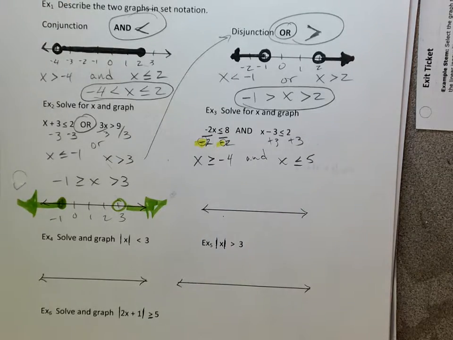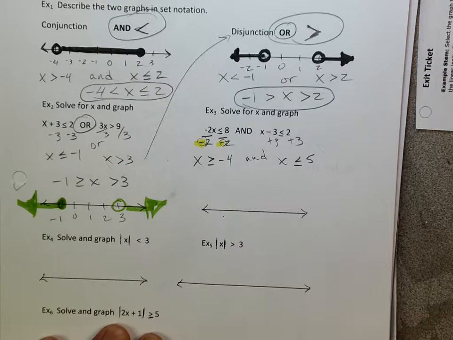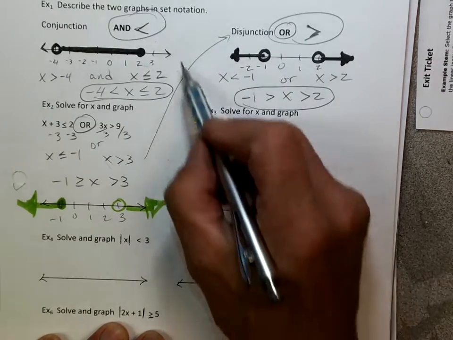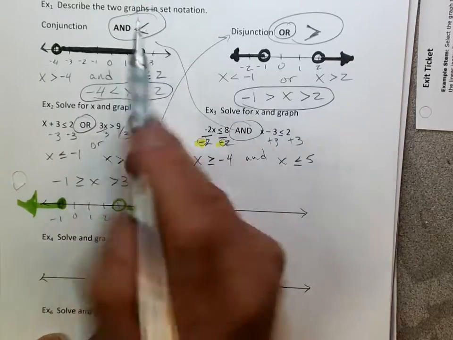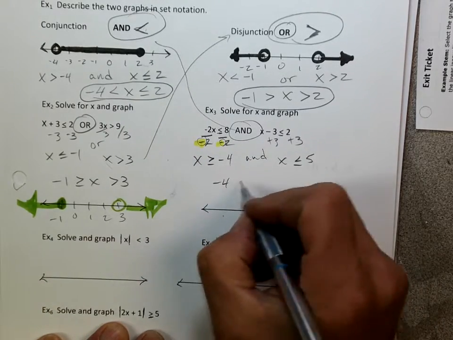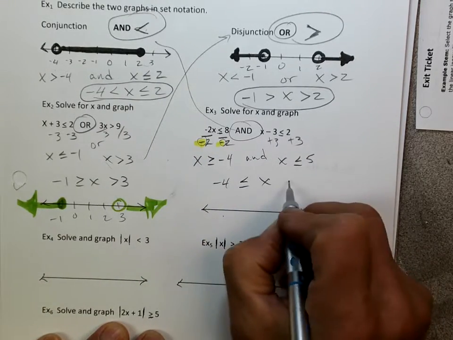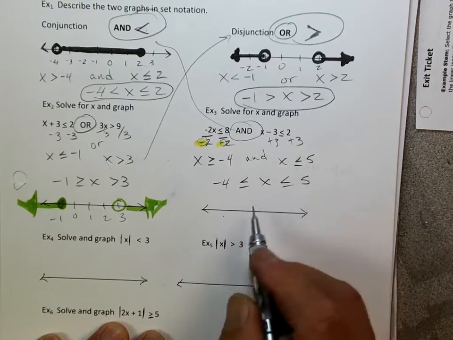Okay, so I can write this as one statement because it's an and. I'm going to go ahead and use my inequalities, go that way. I'll go negative 4 less than or equal to x less than or equal to 5.